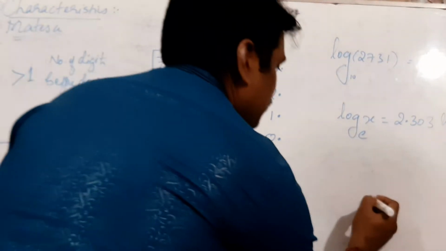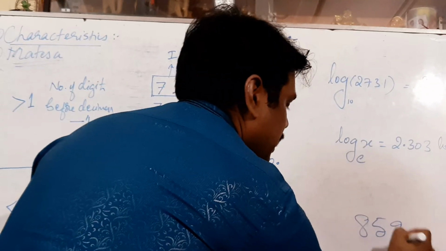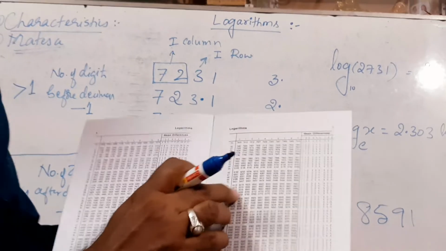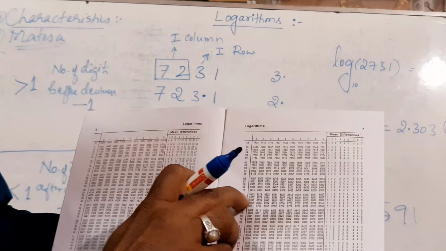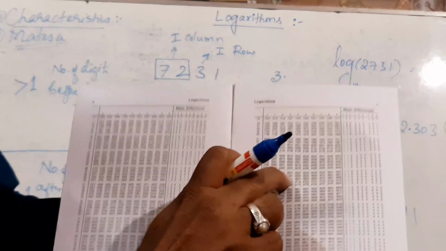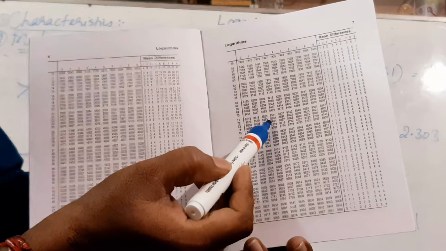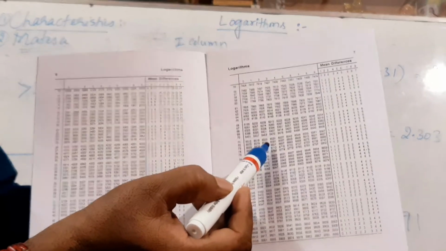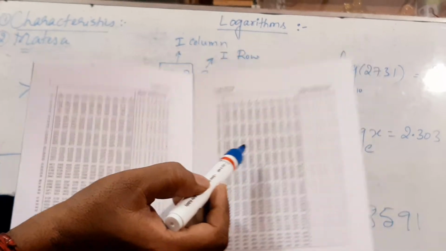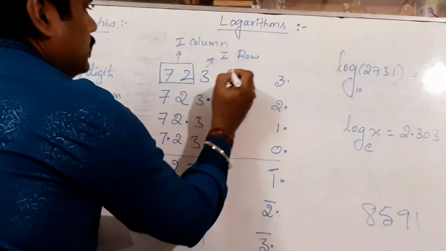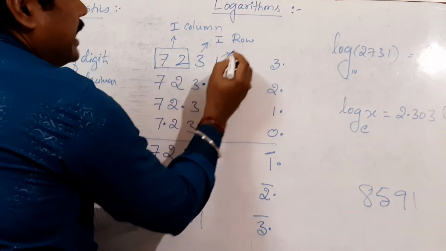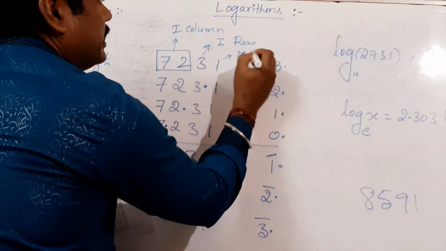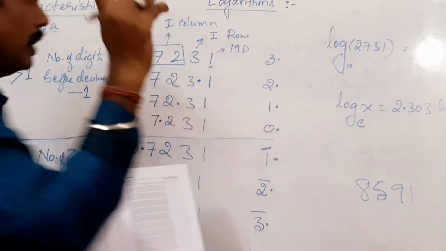We are getting the 4-digit number 8591 there. 72 corresponding to 3 is 8591. You have to write that number. There is one more number, which has to be seen in the mean difference. How many here? It is only 1.